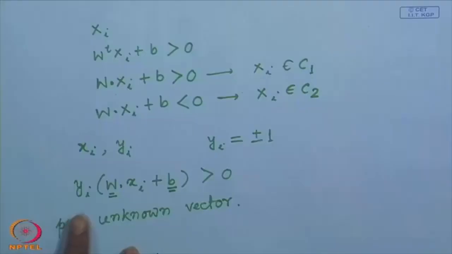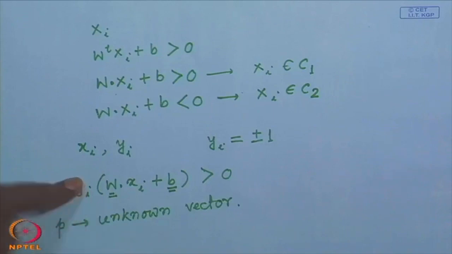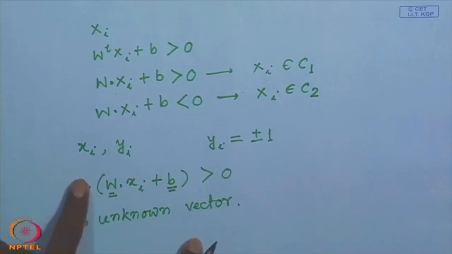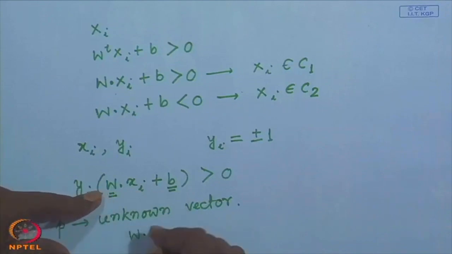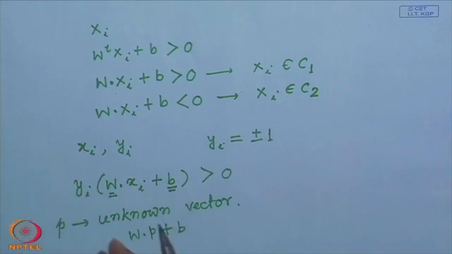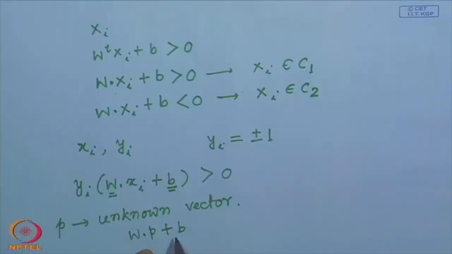Now I do not have any y_i, because P is unknown. So I simply compute W dot P plus b, where W and b have already been decided during the training process. If this W dot P plus b is greater than 0, I classify P to belong to class C1. If this is less than 0, I classify P to class C2. So, this is the kind of situation that I have.